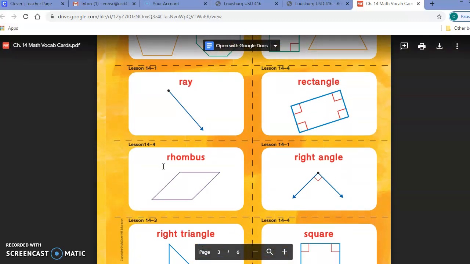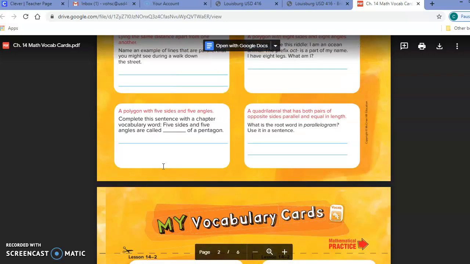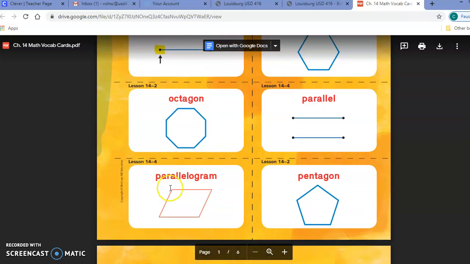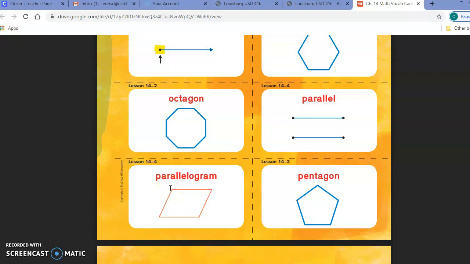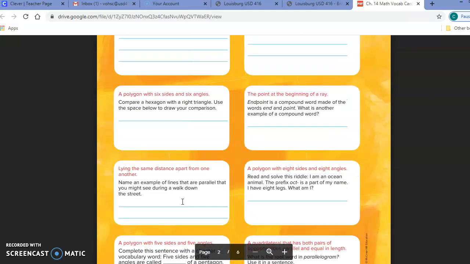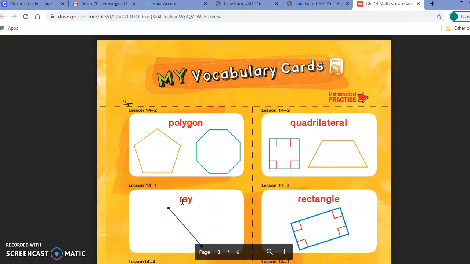And our parallelogram is right here. It is a quadrilateral also with both pairs of opposite sides that run parallel. So the difference between the trapezoid and parallelogram is trapezoid has 1 pair of parallel sides, the parallelogram has 2 pairs of parallel sides.